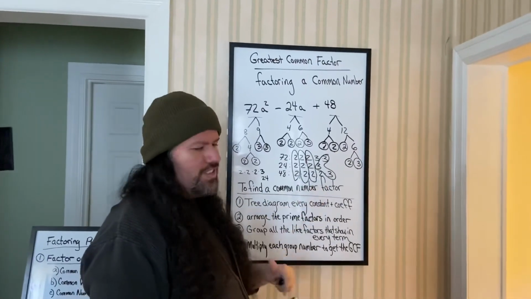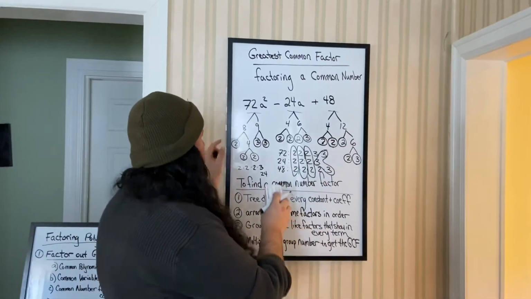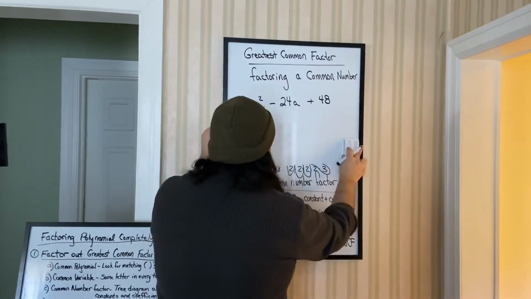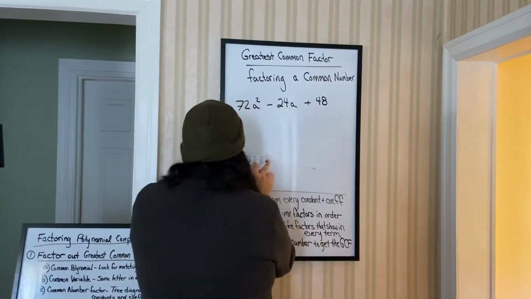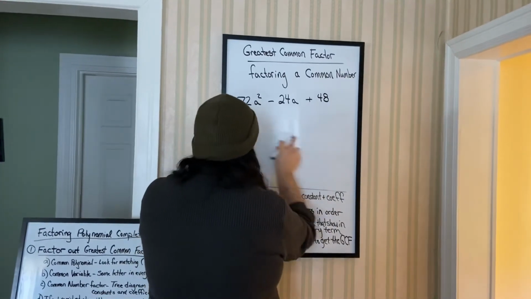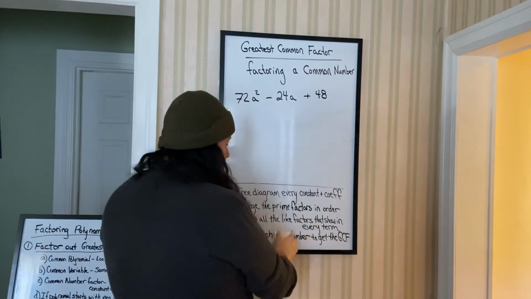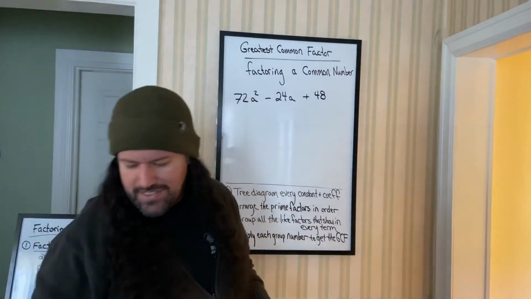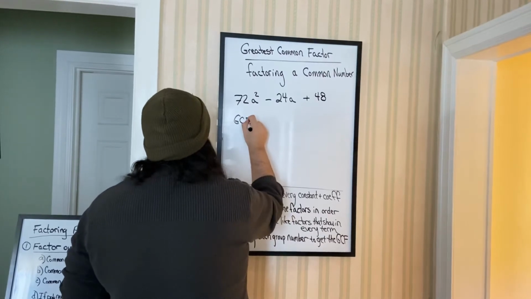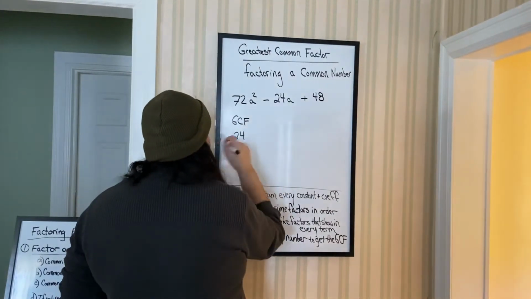Now remember, once we find out what our GCF is, I'm going to erase the board, we have to factor it out. Okay? The test is not going to say find the GCF. The tests are going to ask you to factor out the GCF. So these steps help you find the GCF. But once I know my GCF is 24, we're going to have to factor it out.